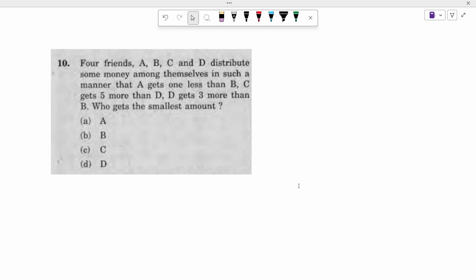We are starting a new series of solving CSAT question papers from UPSC. This will help you understand the type of questions in KAS examination. In KAS examination, around 30 aptitude questions were asked, right?